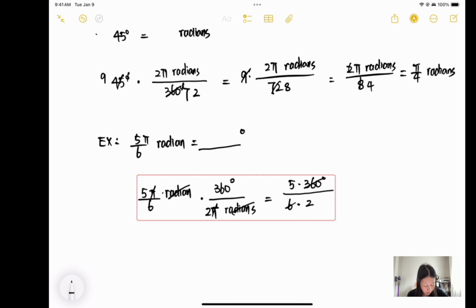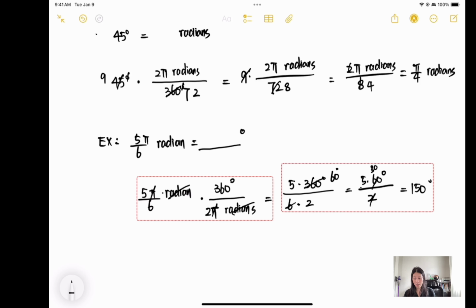So I have 5 times 60 degree. They didn't cancel the degree. You still need to keep the degree. Over 2. 60 and 2, they can cancel. This gives you a 30. So that means it ends up to be 150. So that means 5 pi over 6 radians equals to 150 degree.